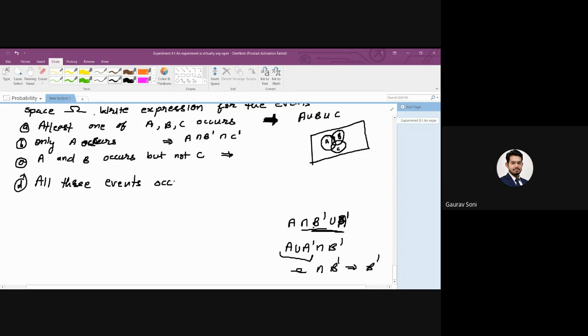Yes, tell me, Manas. A union B intersection C complement, A union B whole intersection C complement. So C would not be included at all.